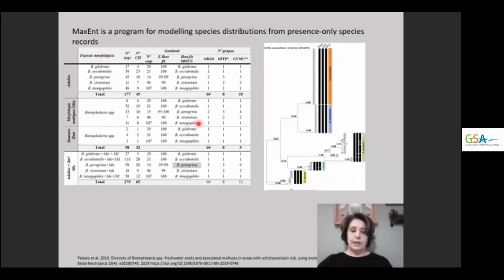And we can see here the results we obtained in the sampled areas. What we see here is that both morphology and DNA barcoding have the same results. Both resulted in a highly confident result for species identification.